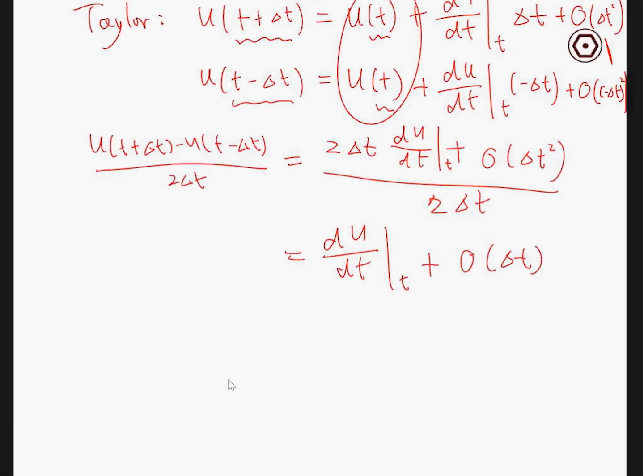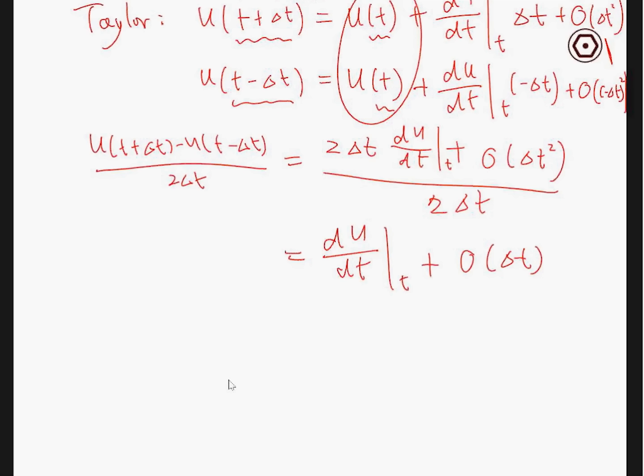Because O(delta t) includes all of the O(delta t squared) and everything higher than that. Yes, because O(delta t) actually includes O(delta t squared). O(delta t) means it can contain a delta t term, a delta t squared term, a delta t cubed term. But any or all of these terms can have 0 as their coefficient.